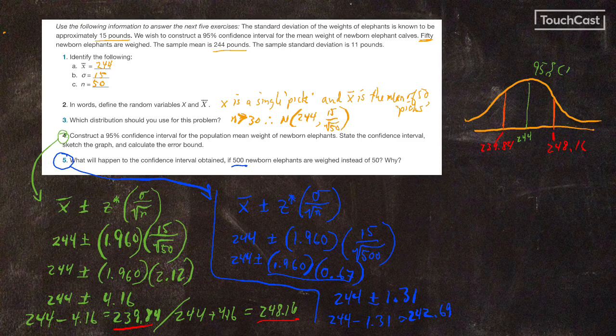And the high range is going to be 244 plus 1.31, which is 245.31.